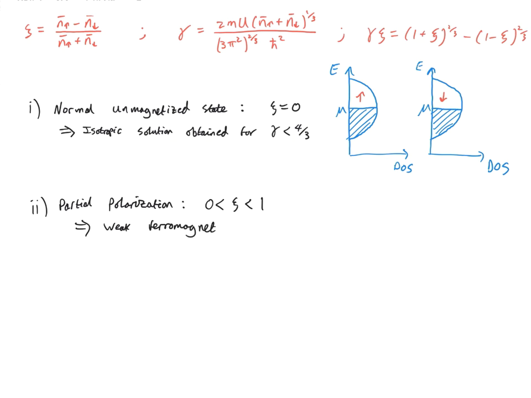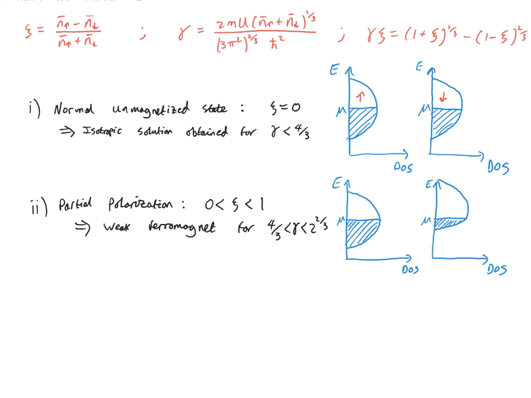That's obtained for a gamma parameter which is between 4/3 and this interesting number, 2 to the 2/3. So as you increase the interactions beyond gamma equals 4/3, you enter a regime with the polarization steadily increasing. And the corresponding density of states picture will look something like this.